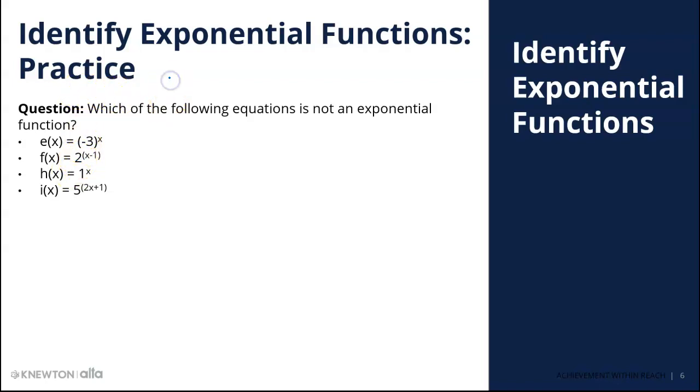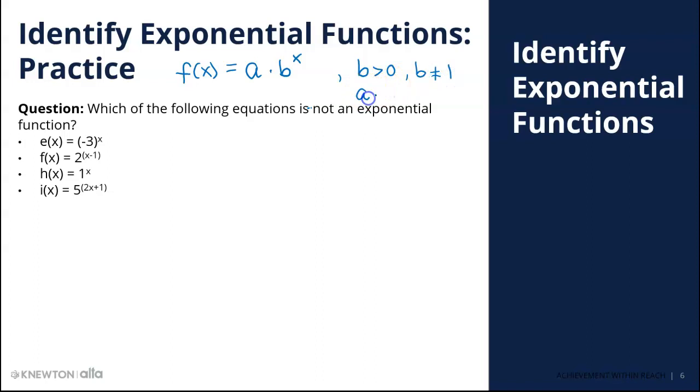Now, to review, an exponential function is generally of the form f of x equal to a times b to the x, where a here is any non-zero real number, and b is a number greater than 0, that means positive, and not equal to 1.